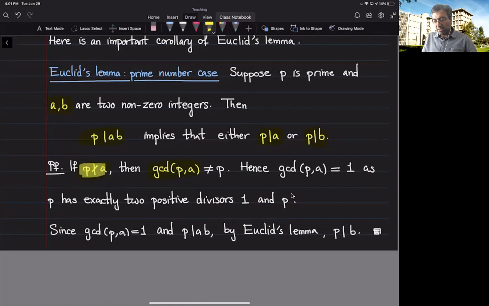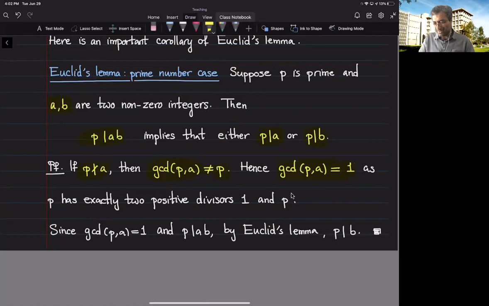So p is a prime number. It doesn't divide a. I look at the GCD of p and a. It cannot be p because I just told you that p doesn't divide a, so p cannot be a common divisor of a and p. Now, this GCD is a positive divisor of p, and it's not p, and p is prime. So it's 1, because we just said that a positive divisor of a prime number is either 1 or p.